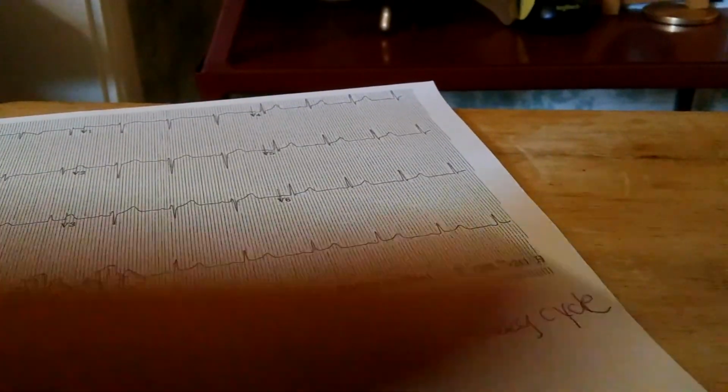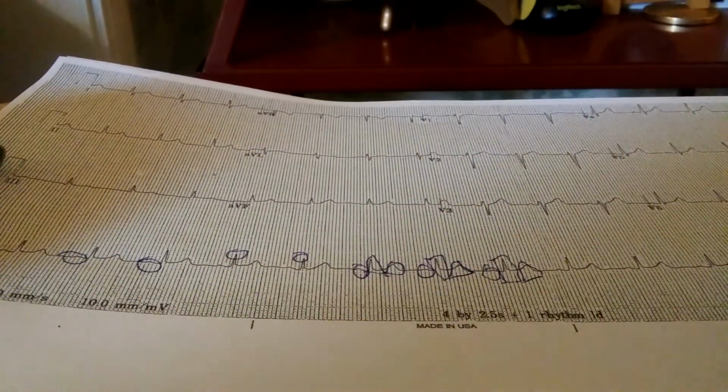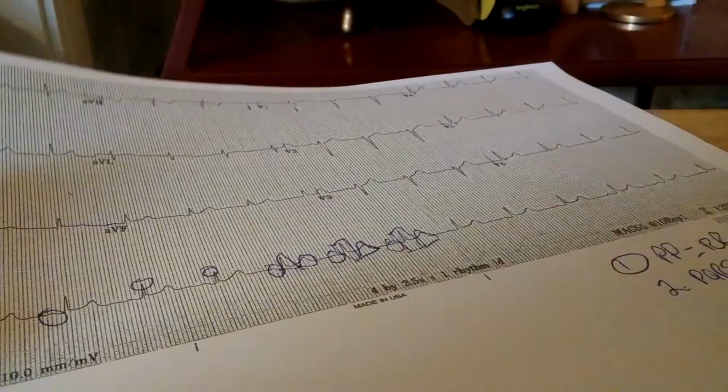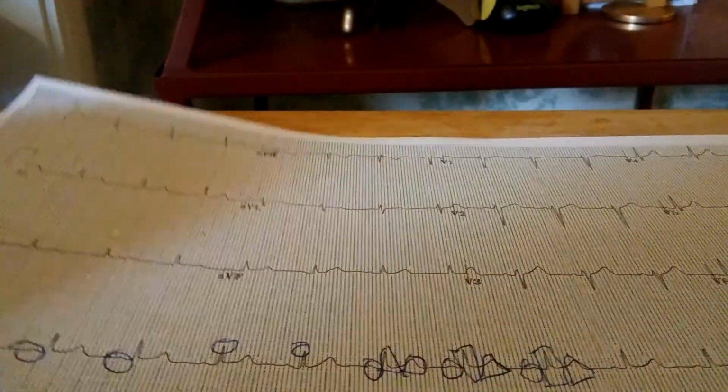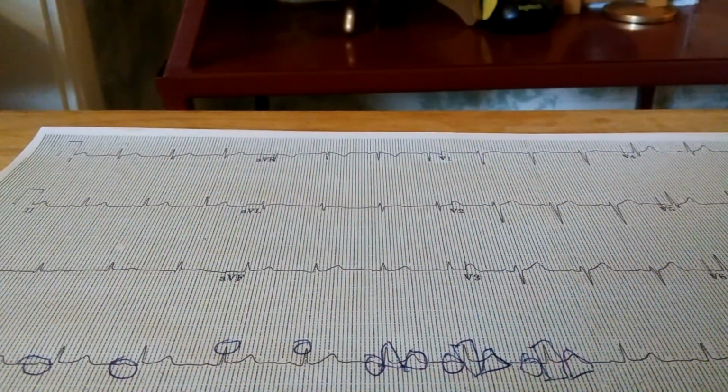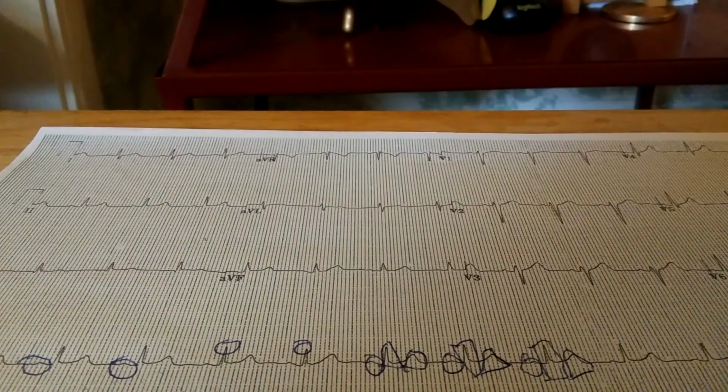Now what we're going to do is decide using just those two criteria. We've already decided that this is a normal rhythm. But there are 3 normal rhythms and they're based on rate.